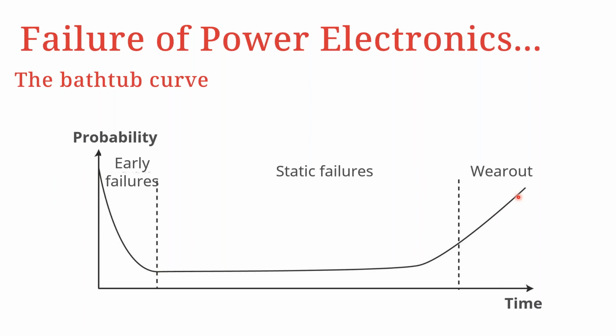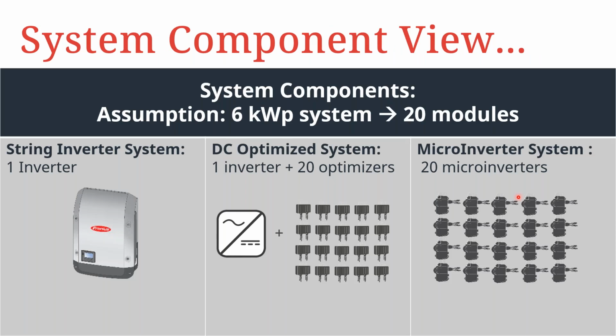So that being said, let's now come from another perspective, with a view of system components. Assuming we have a 6 kilowatt system with 20 modules, if you're using a string inverter system, you just need one Fronius inverter in this case to implement it.